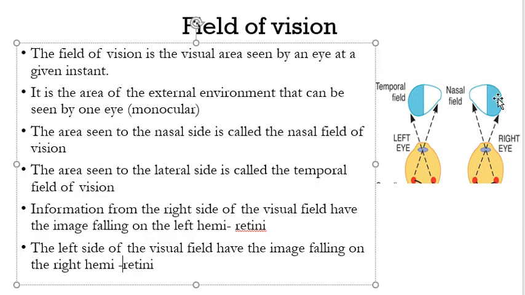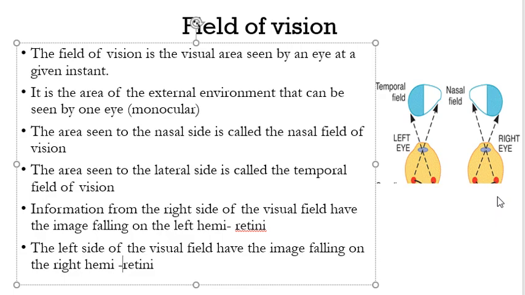The right side of the visual field is going to fall on the left hemiretina. Okay, this is the retina. So this is the left hemiretina and this is the right hemiretina.